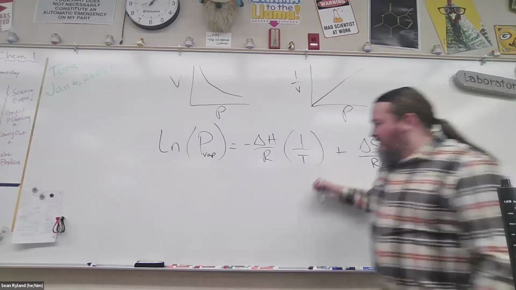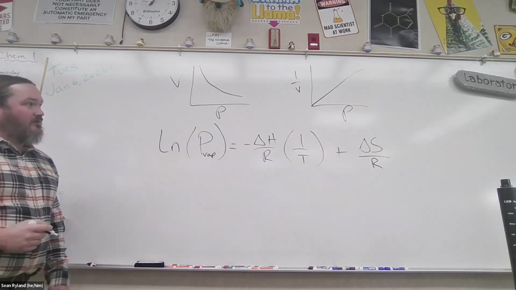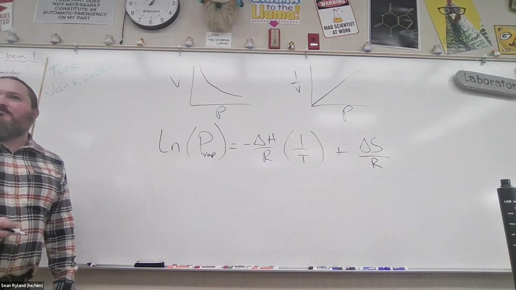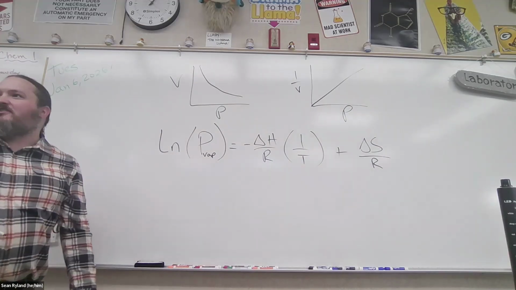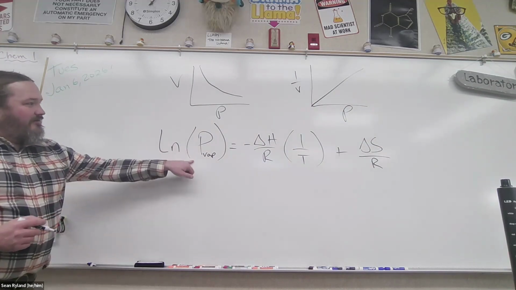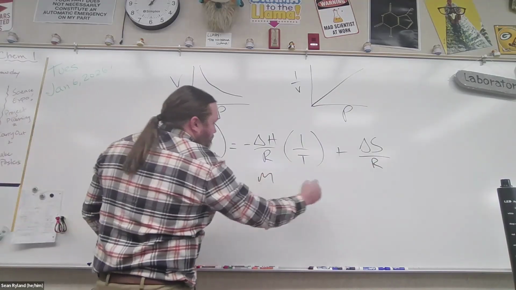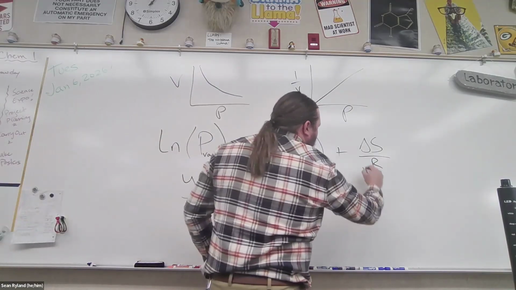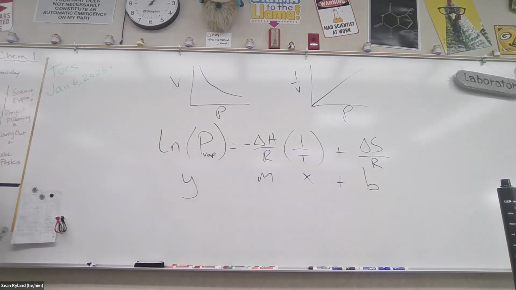If we look at this equation as it's written, it looks like a mess. Who knows what that function is going to look like. If we just plot vapor pressure versus temperature, it's going to be something weird. But if we plot as a y equals mx plus b, we can actually get a straight line out of this.